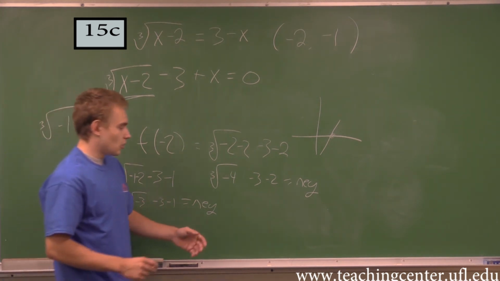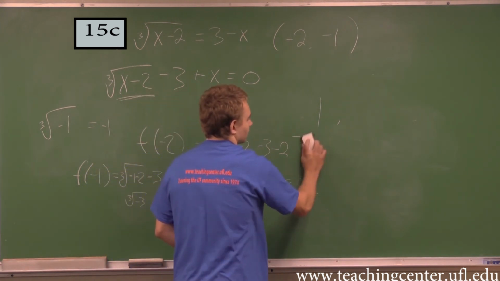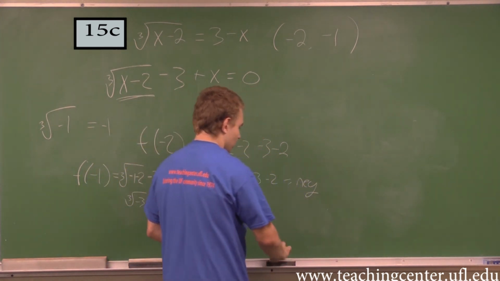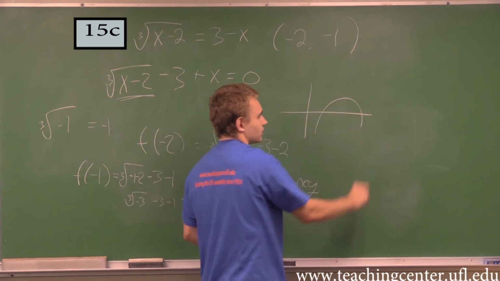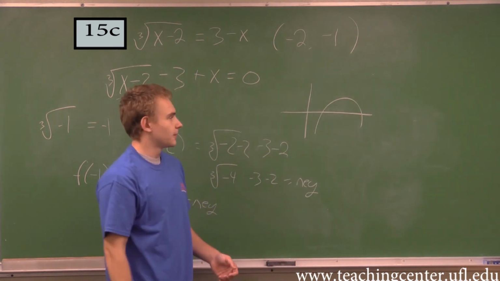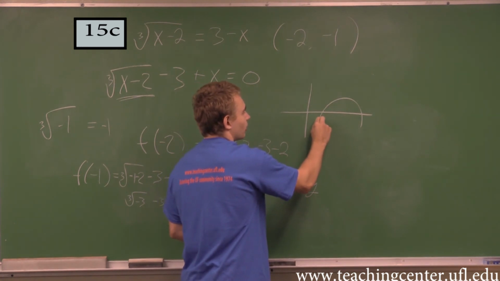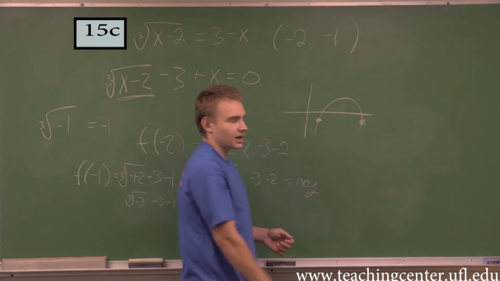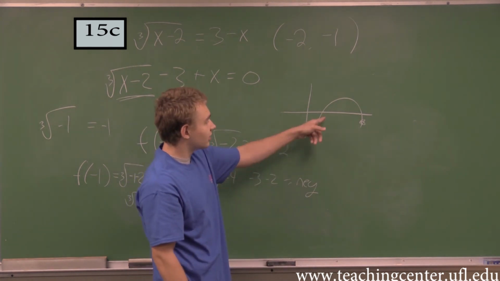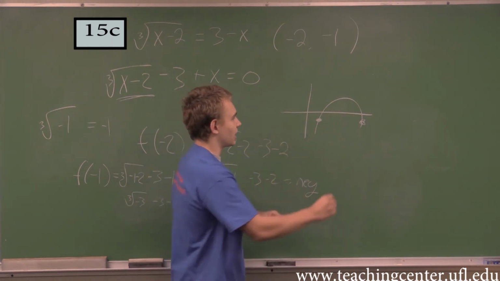Okay, so what might have happened is we might be looking at a function that does one of these. Okay, so I plug in this point and I get a negative number, and I plug in this point and I get a negative number, but there's still solutions for when I hit 0, right?